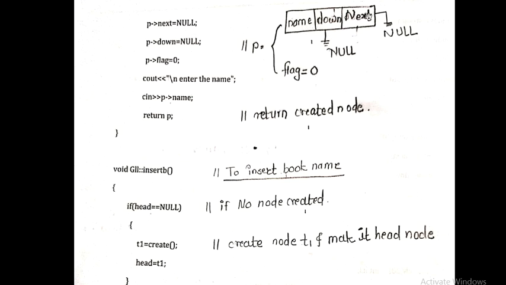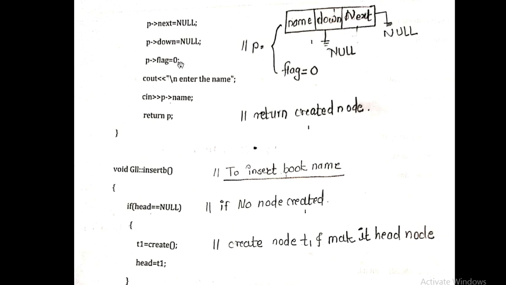Initially we set the next pointer, as it is a new node, it is not assigned to any node, it is not the next node of any node, nor the down node of any node. That's why for any new node we keep the next and down pointers as null. You can see that the next pointer is set to null, and the down pointer is also set to null.